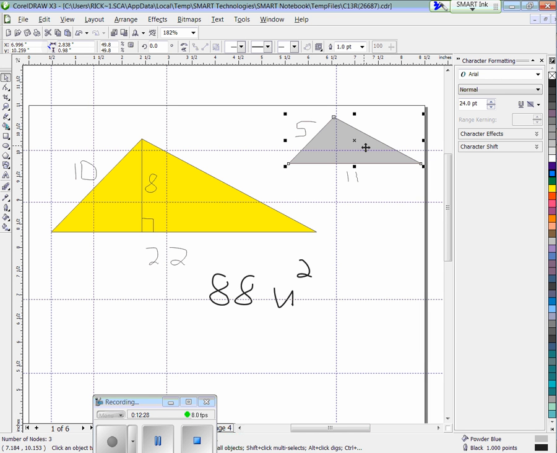The yellow triangle's area was 88 units squared. What's going to be the area of the purple triangle? If you've got an idea on 3, say it out loud. If you don't want to say anything, you don't have to.